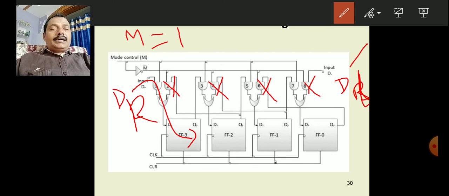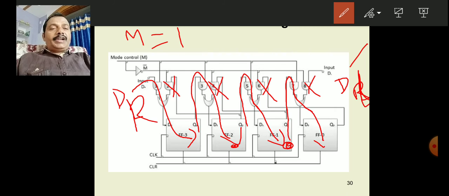So the data is allowed like this, and this output is shifted into this flip-flop, and this flip-flop data is shifted through this AND gate and OR gate into this flip-flop, and this flip-flop data is shifted through this AND gate and OR gate into this. So when M equals 1, the data shifts right.